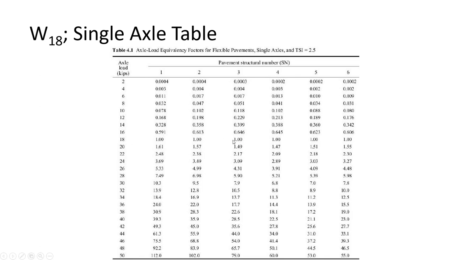And ESAL is kind of an indicator of damage. That's the number of equivalent single axles. So doubling up the weight on that axle is doing almost 18 times as much damage as what the 18,000 pounds, the standard axle, would have done.